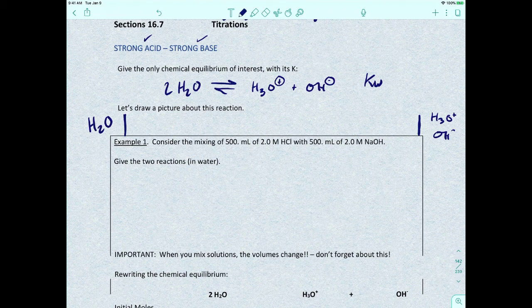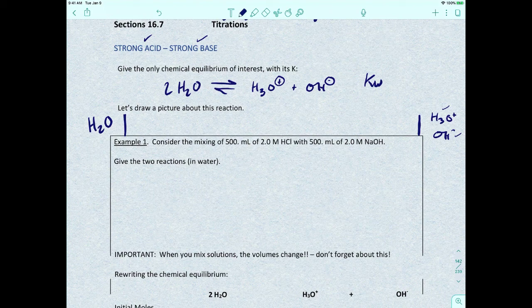Usually when we do one of these problems, we're starting with all reactant and trying to figure out where that equilibrium lies. And usually we're trying to go a little bit more towards the right. And then your H3O plus and your OH minus is going to be on the right-hand side.